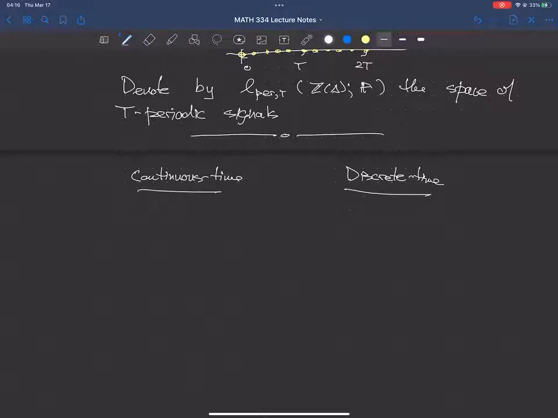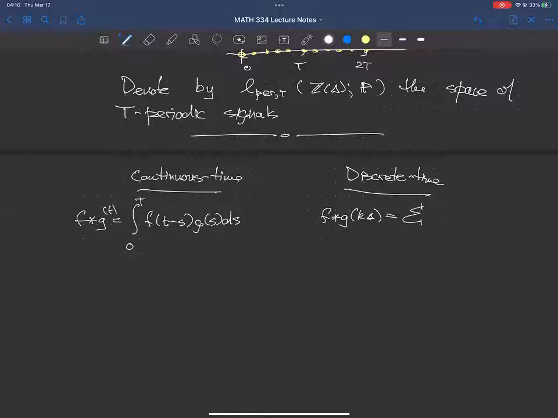In the continuous time case, the formula for the convolution, f star g, looks rather the same as in the aperiodic case: (f star g)(t) is the integral of f(t minus s) g(s) ds. And in the discrete time case, you replace the integral with a sum as usual.